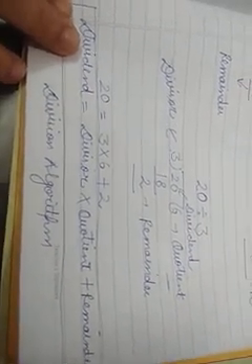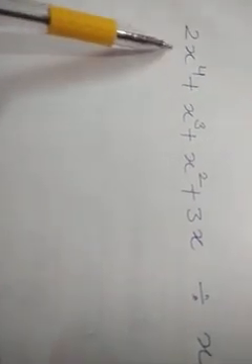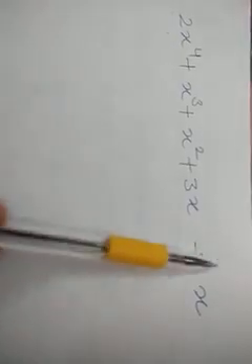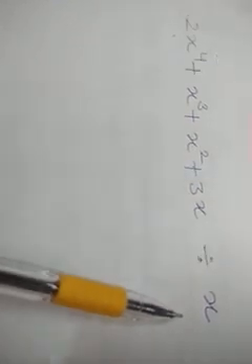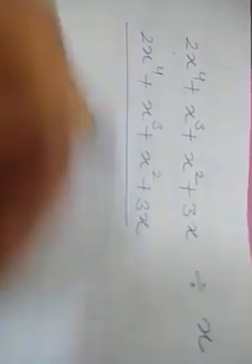Let's take an example in which we want to divide a polynomial by a monomial. Monomial means it has only one term. If we want to divide this polynomial by this monomial, how will we divide? You can write 2x power 4 plus x cube plus x square plus 3x divided by x, that means upon x.